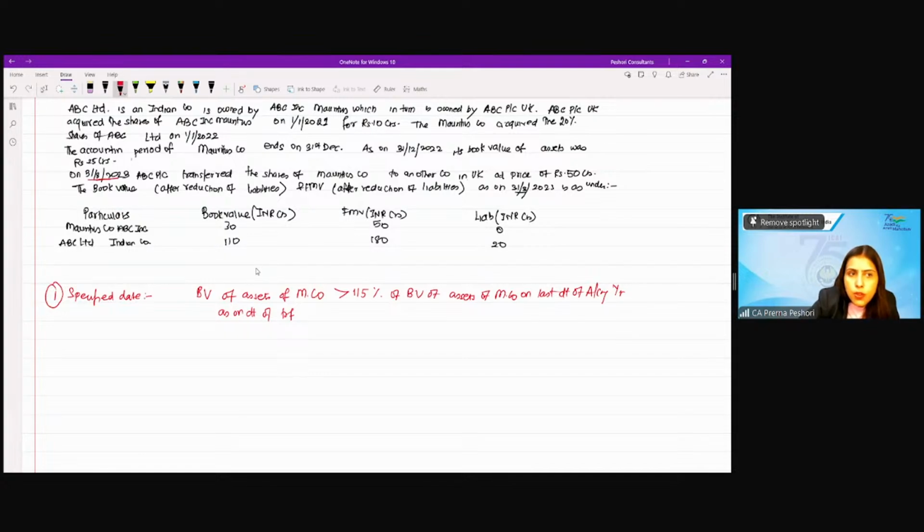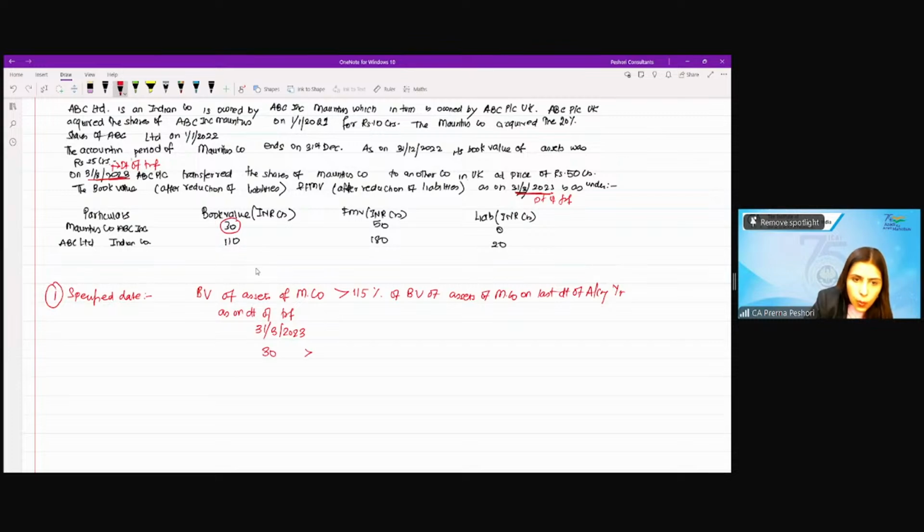This was transferred on 31st March 2023. Right? So this is my date of transfer. Correct? So on 31st March 2023, what is the value? As on 31st March 2023, which is my date of transfer, they have given the book value as 30.